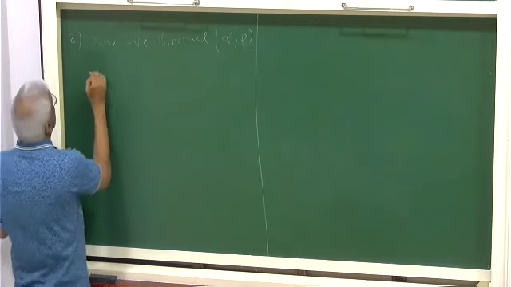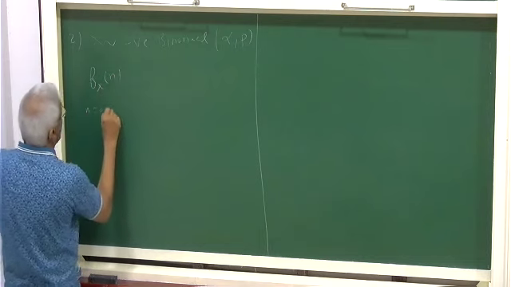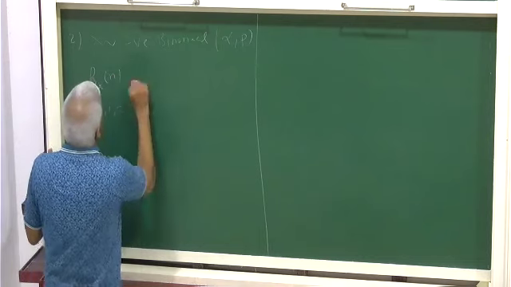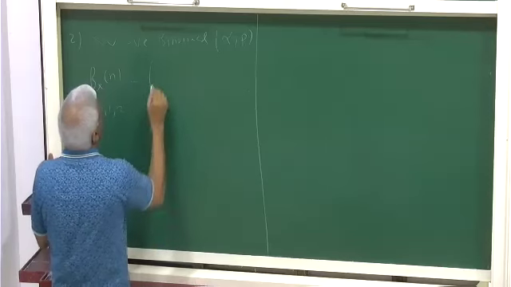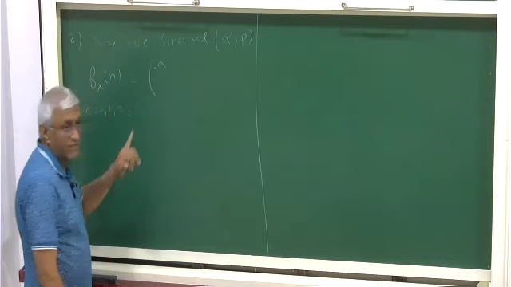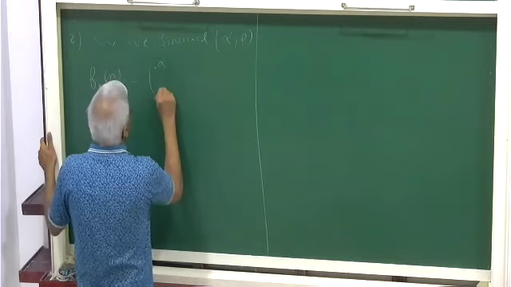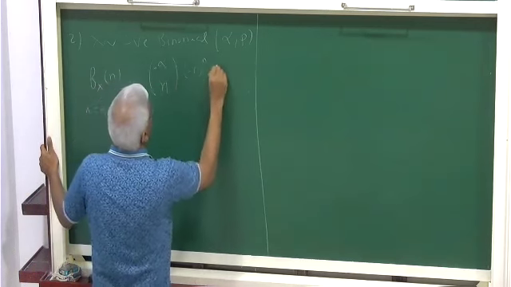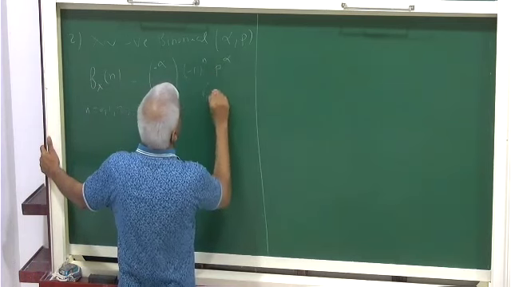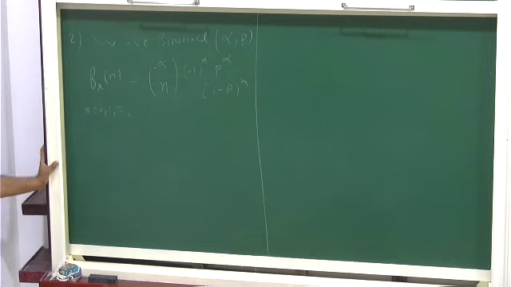That is, fx at n equal to 0, 1, 2, and so on, is equal to minus alpha choose n, then minus 1 power n, p power alpha, 1 minus p power n. This was the expression for negative binomial.